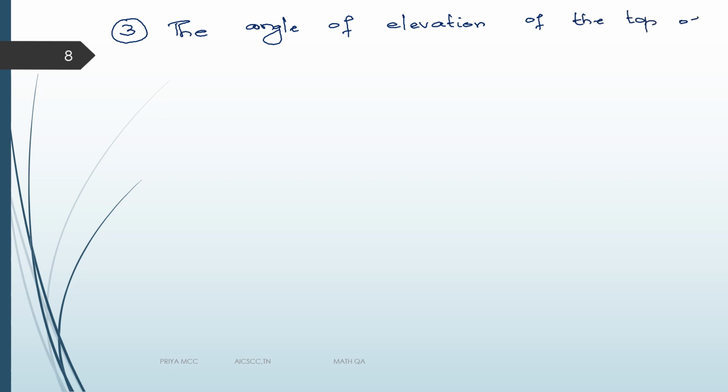Let us try another. The angle of elevation of the top of a tower at a point on the ground is 30 degrees.